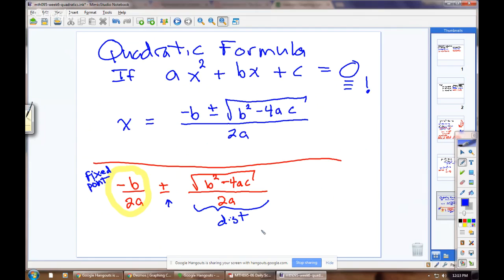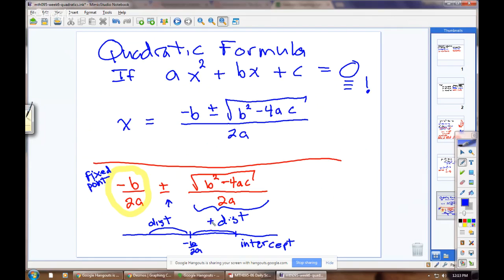So number-wise, what we have is this negative b over 2a in the middle. And then first, we go plus the distance over to the other side to get one intercept on the right. And then minus means take that distance and go to the left, that same amount.